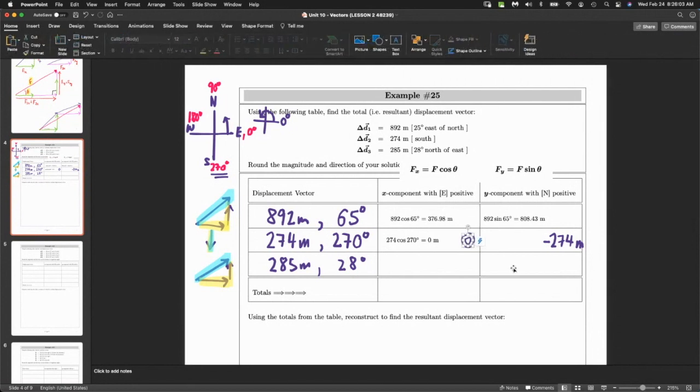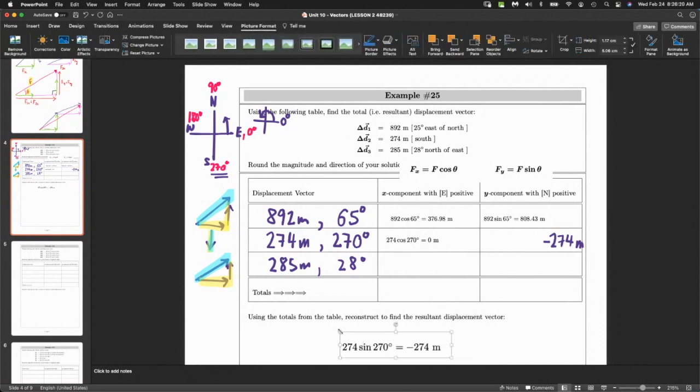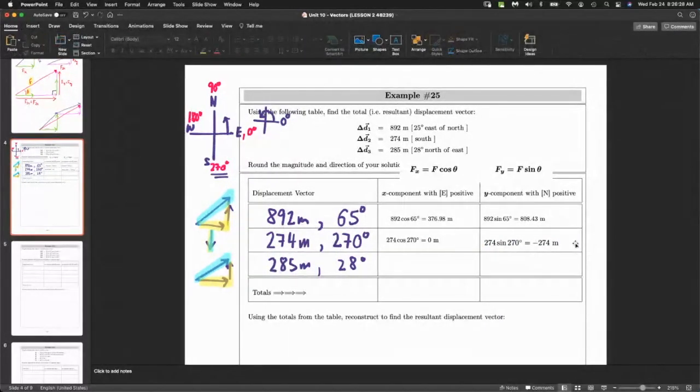So that's a very useful thing to know. Similarly here, if you evaluate 274 sine of 270, you will get negative 274. So everything is working out very smooth here. See that? We still get the quantity that we needed. We still get negative answer of 274.